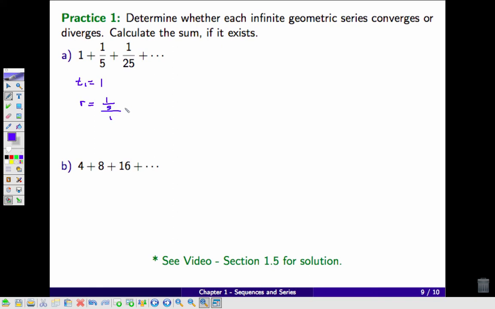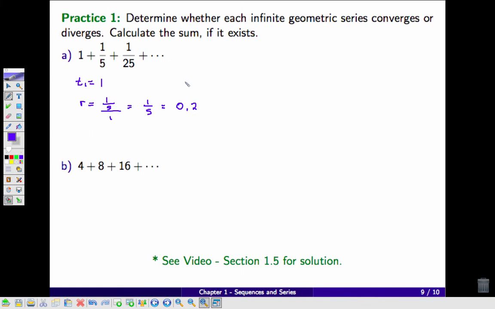When we calculate r in this first example, 1 divided by 5, so in this situation, it's going to converge.